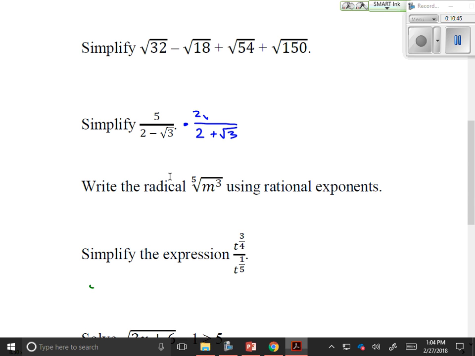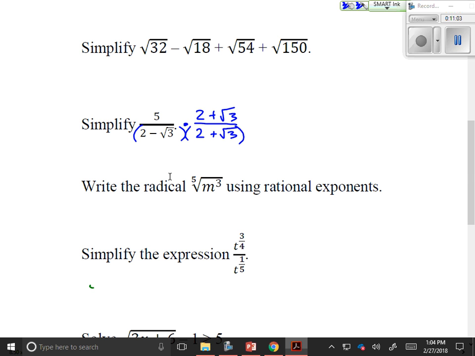You're actually multiplying by 1 in the form of the conjugate over itself. Try to understand why this works, and if you understand why it works, it'll be easier to remember what to do.